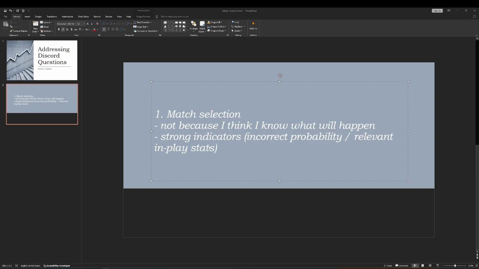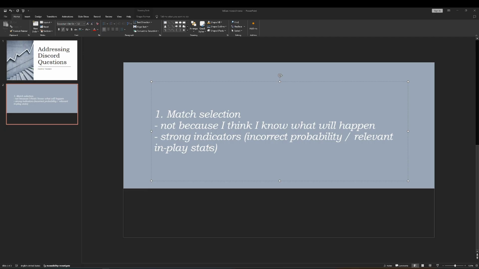And then you look at the in-play stats. Is it that the ball possession is even, equal, there are no shots on target? If that's the case, maybe it's not the best opportunity, or there is no opportunity. But maybe you have those strong indicators that this team is all over the team that lost the player. They have many chances, one after another, shots on target, shots off target, corners, attacks, dangerous attacks.